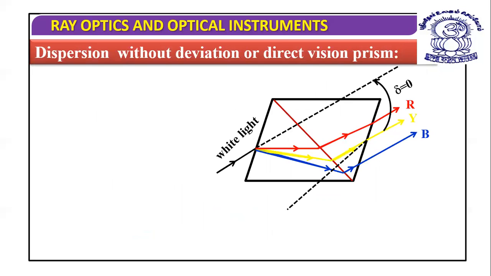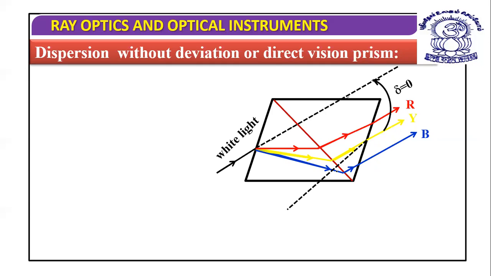Now, let us understand the phenomenon in which we are combining two prisms such that we want dispersion without deviation. Light ray should not get deviated. Here we have incident white light. The dotted line is the actual direction of the incident light ray. It passes through a prism and is dispersed.